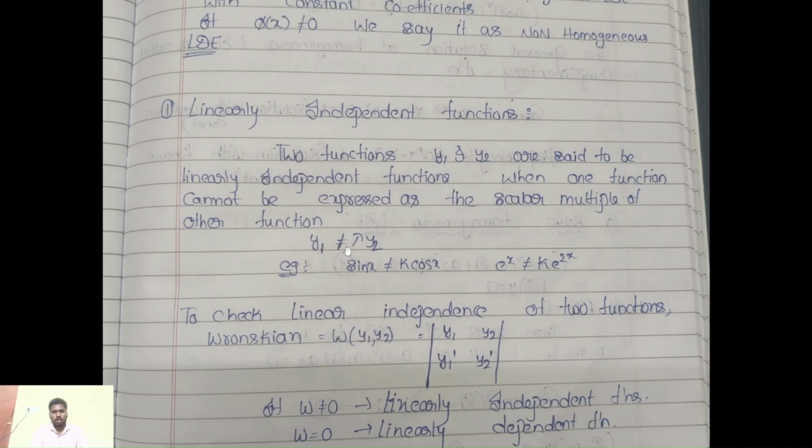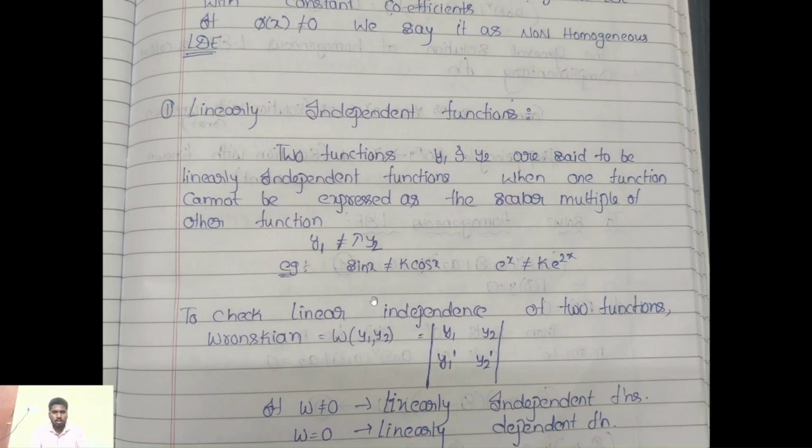For example, sin x and cos x are linearly independent functions. You cannot write sin x equal to k into cos x, so we can say sin x, cos x are linearly independent functions.